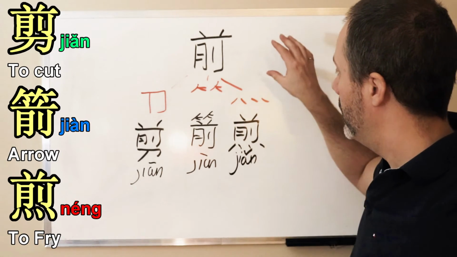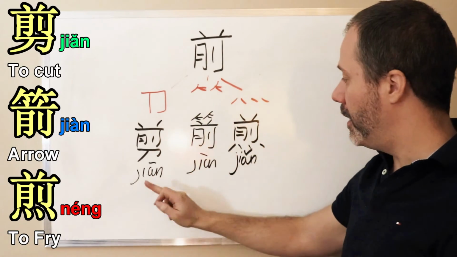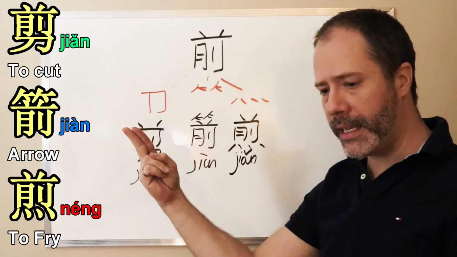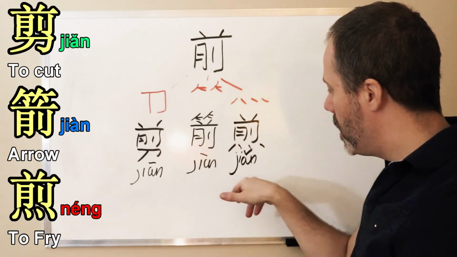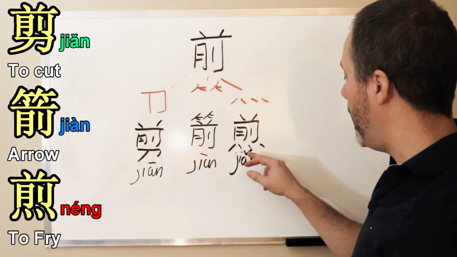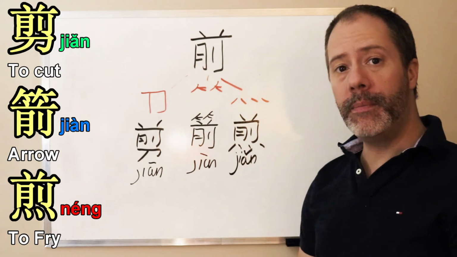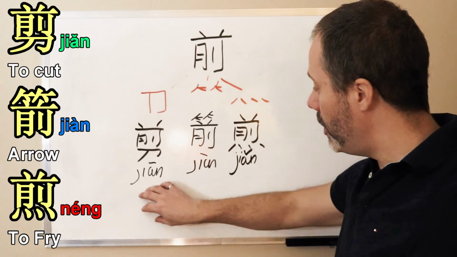So here it is. We have qian, then if you add the knife, it becomes to cut, or more like scissors. If you add the bamboo with tone 4, it becomes an arrow. And if you add the fire at the bottom, it becomes to fry. That's quite impressive, but that's very easy.